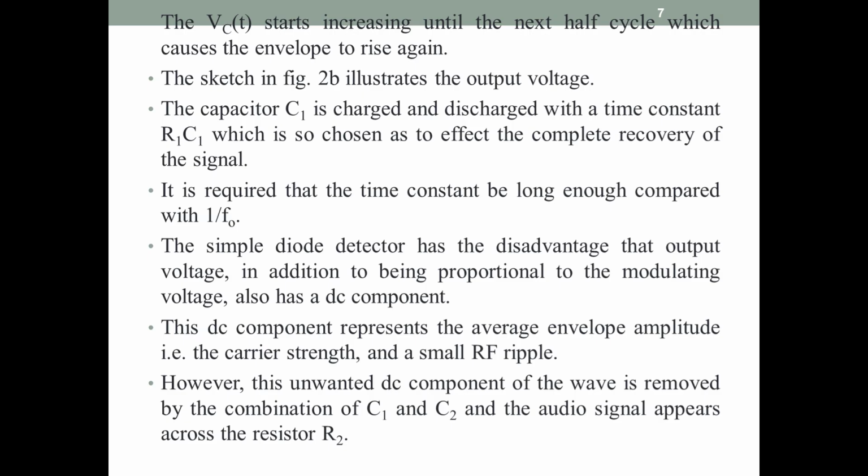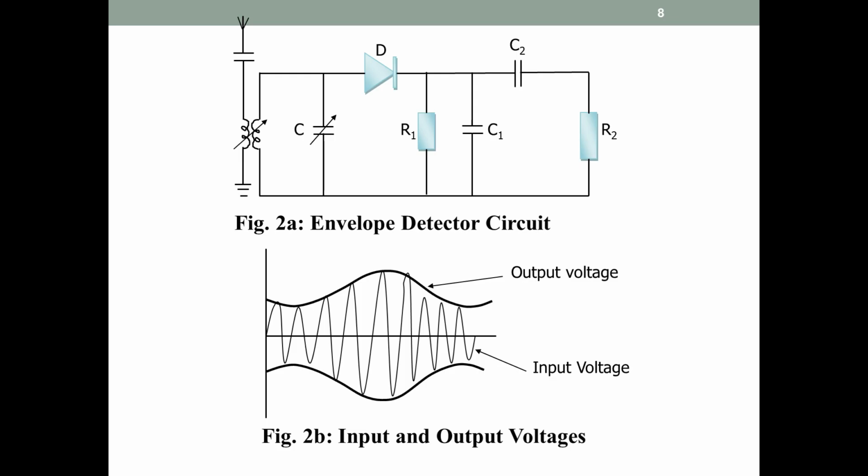However, this unwanted DC component of the wave is removed by the combination of C1 and C2 and the audio signal appears across R2. Figure 2A is the envelope detector circuit, and 2B is the input and output voltages.